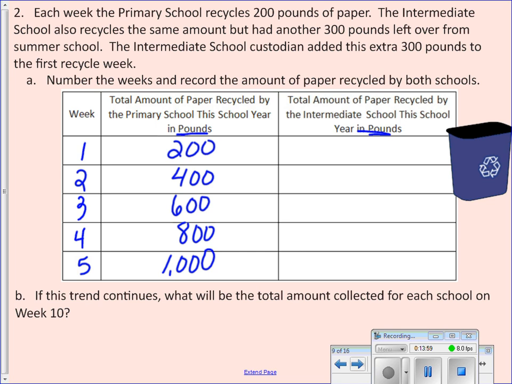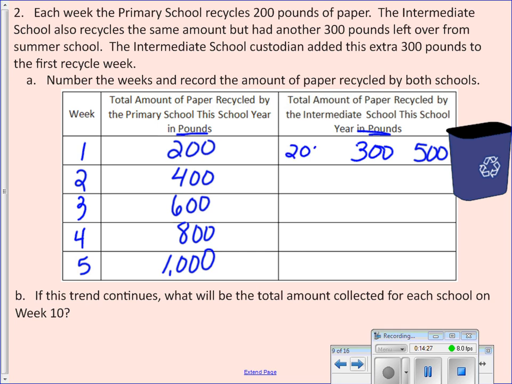All right, so what do we have for the first week in the intermediate school? 300. Yeah? I see some hands going up. Lauren says it's 500. Got a little debate here. Is it 300? Is it 500? I don't know, maybe it's 200.